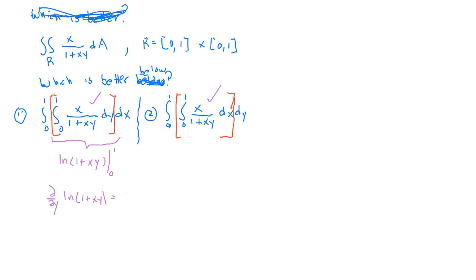We're going to get 1 over 1 plus x times y times the derivative of the inner function, right? We're using the chain rule here. What's the derivative of 1 plus x times y, or the partial derivative of 1 plus x times y with respect to y?